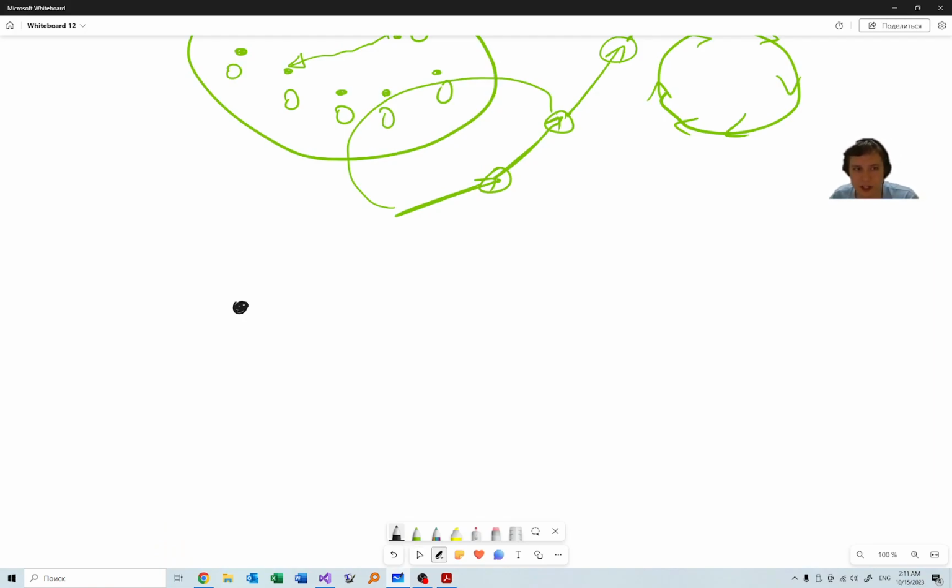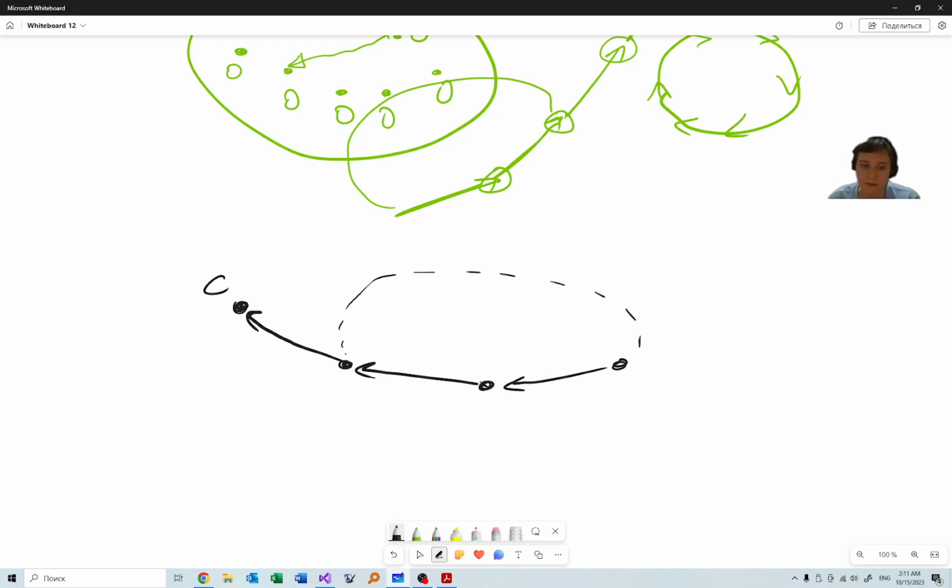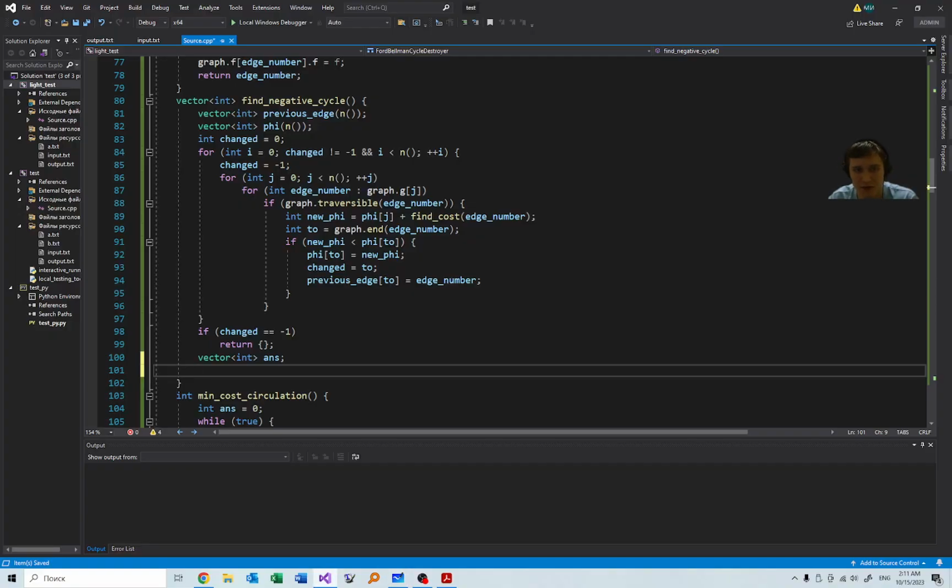I start with changed, and I go back, and I go back, I go back until I finally see some vertex which I have already seen. Okay, this is not that hard.